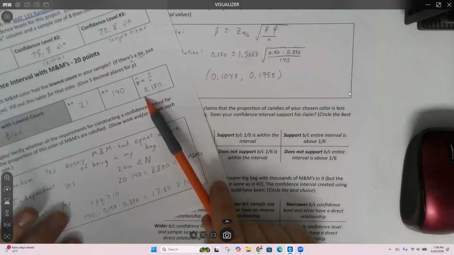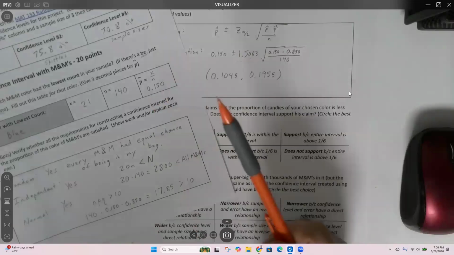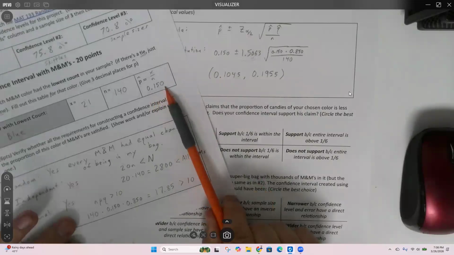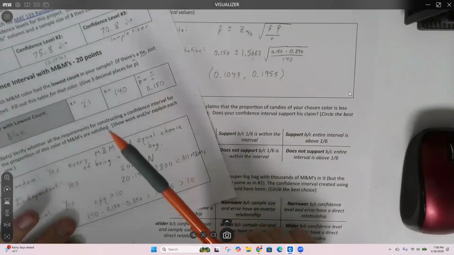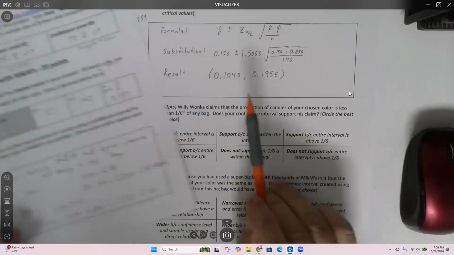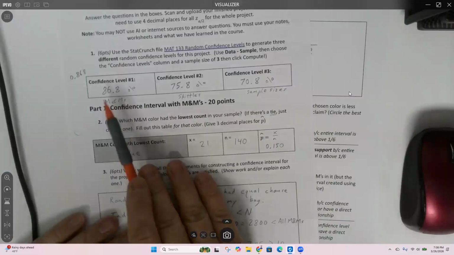Now, my sample says 15% are blue. I know that's not completely accurate because this was a random sample. Maybe I got a little less blue, maybe a little more blue. So what range do I think the true answer is? What percent of M&Ms are blue? Well, I am 86.8% confident.